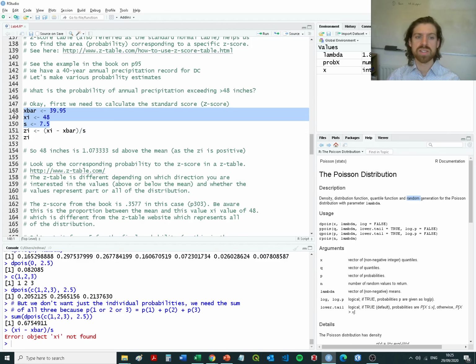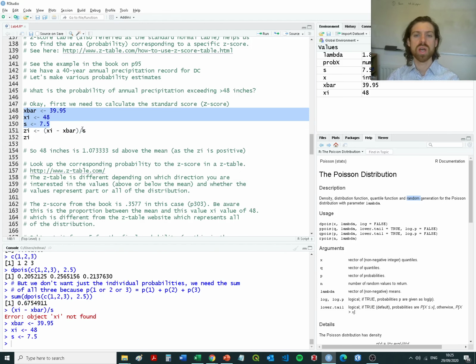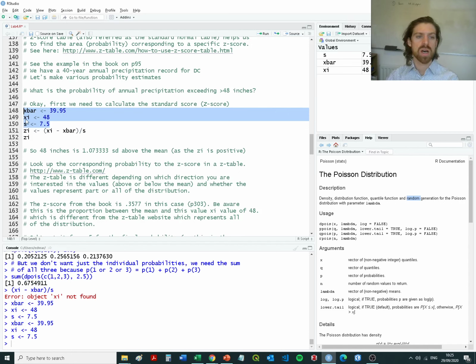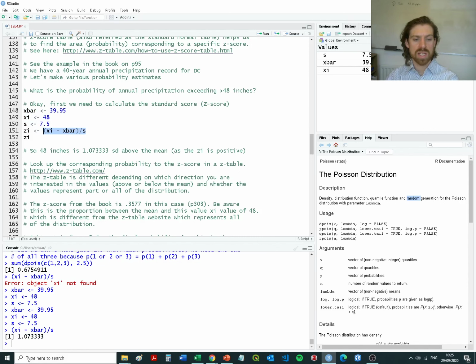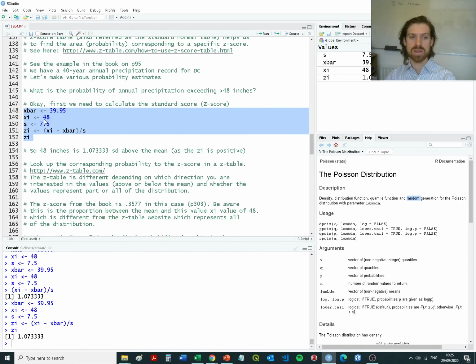Sorry, I haven't entered these into the workspace yet. There we go. Now I've entered them into the workspace, the x bar, the xi, the s, and then we're able to calculate this, and we get 1.073333 standard deviations above the mean. And I'm saying above the mean because it's positive, okay?